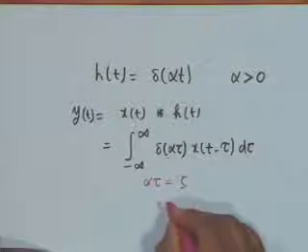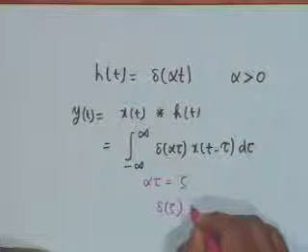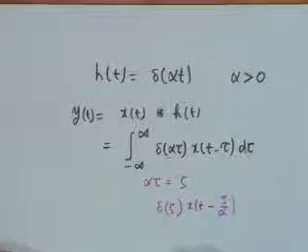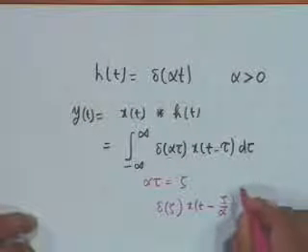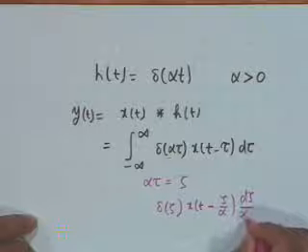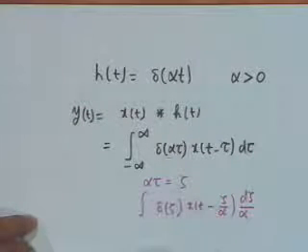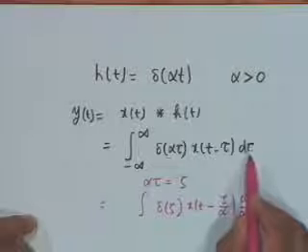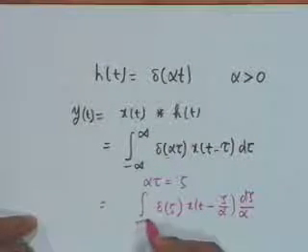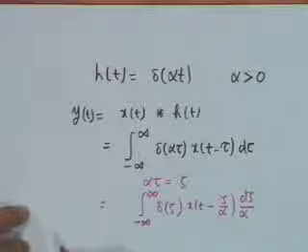Then my integral becomes delta(zeta) x(t minus tau), where tau is zeta by alpha, then d tau is d zeta over alpha, and the limits of the integral, when tau goes from minus infinity to plus infinity, alpha is a positive constant, so there is no change in the limits of the integral.